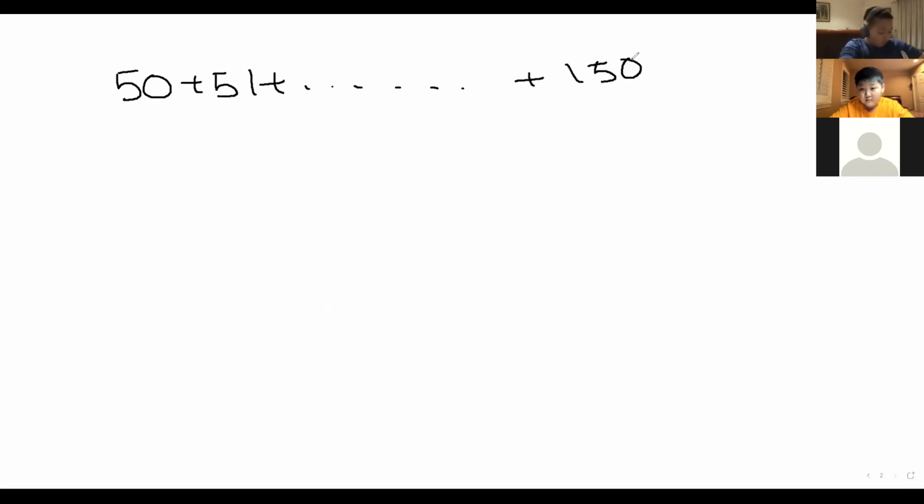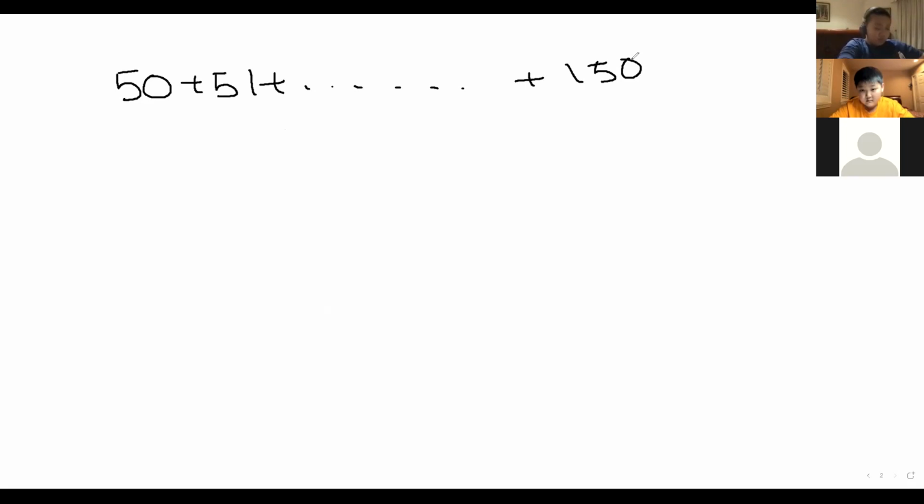What happens if it starts at something else? For example, if you look at page 71, what is the sum starting from 50? So we're starting from 50 going up to 150. So we're not starting at 1.